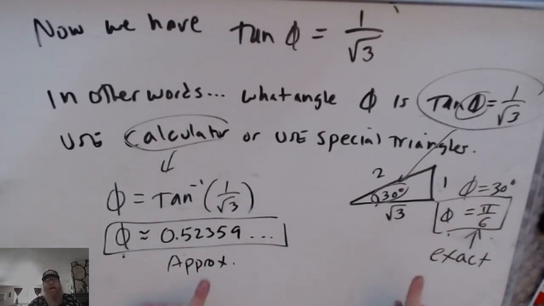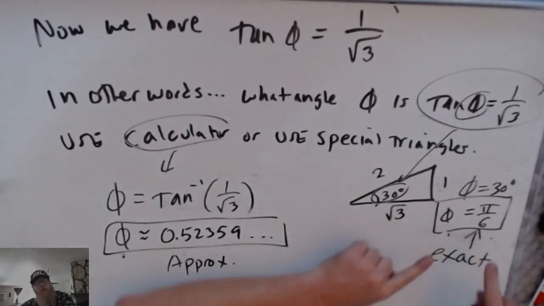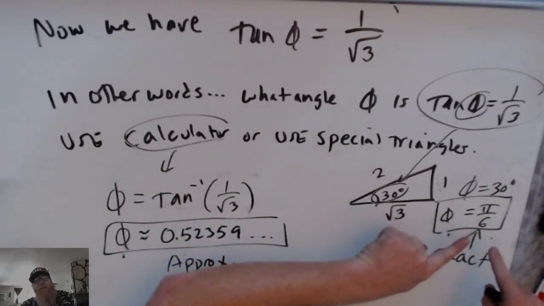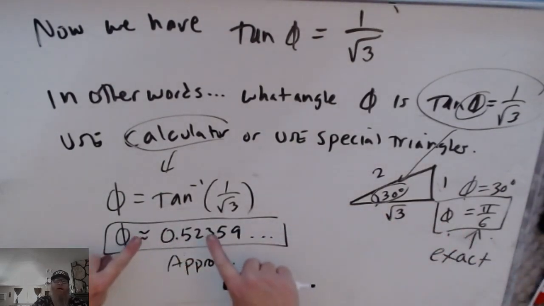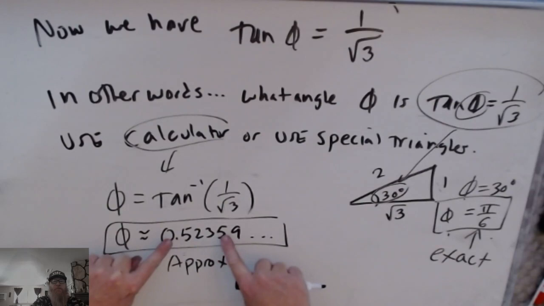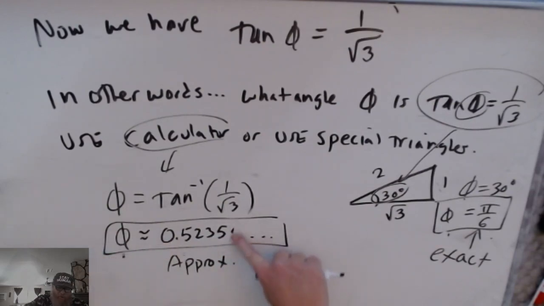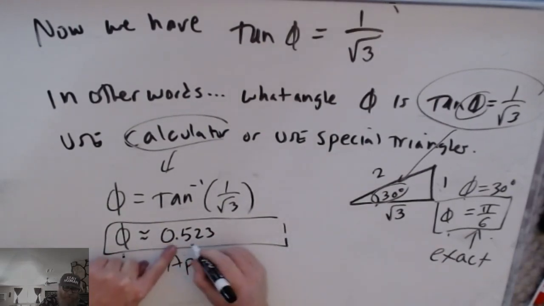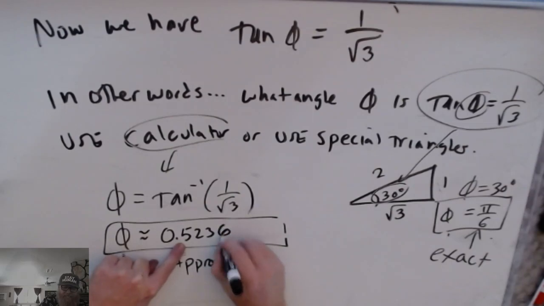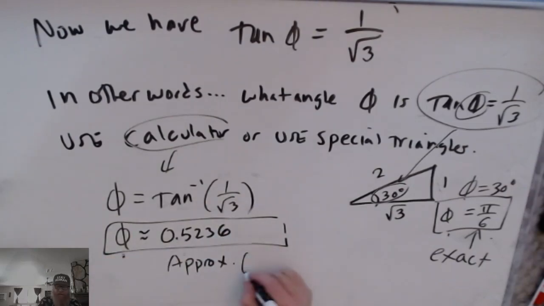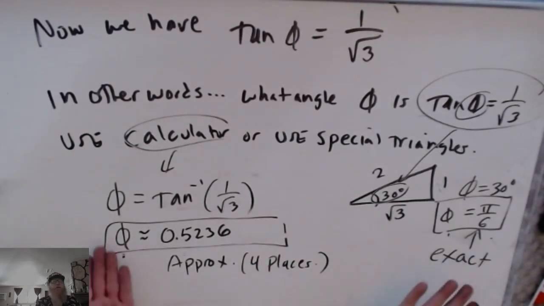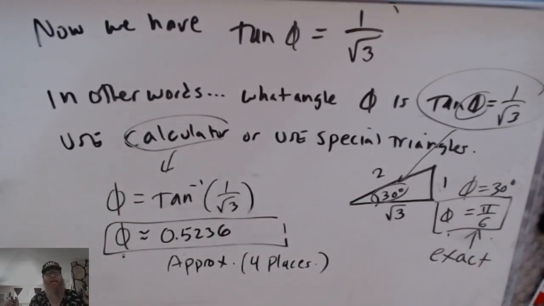So read carefully. Sometimes I say, you must give me an exact value, then it's pi over 6. If I say an approximation, then 0.52359, or I would probably go to 0.5236, because I typically like 4 decimal places. Either way, these are both correct values for phi. Just make sure you read the directions carefully.